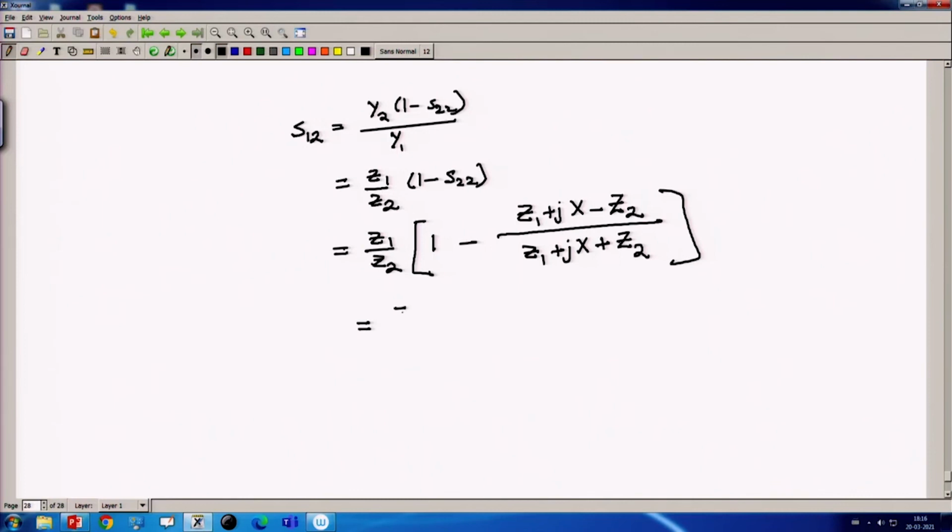And that is equal to Z1 by Z2 times 2 Z2 by (Z1 plus Z2 plus Jx), and then you can cancel these two terms.